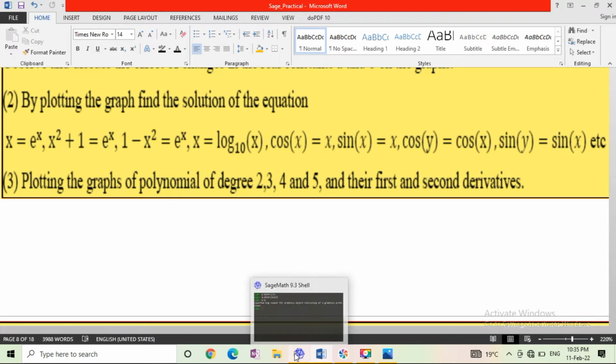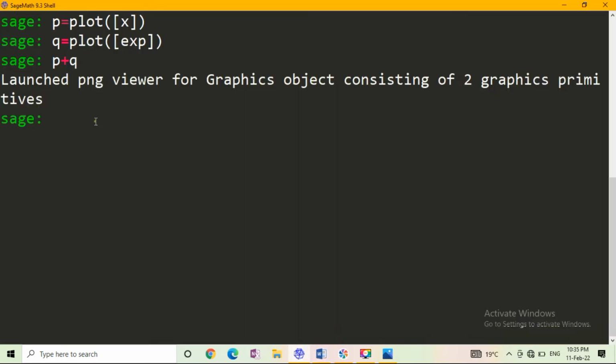Okay, so now we start. p is equal to plot, with x square plus 1 in square brackets.